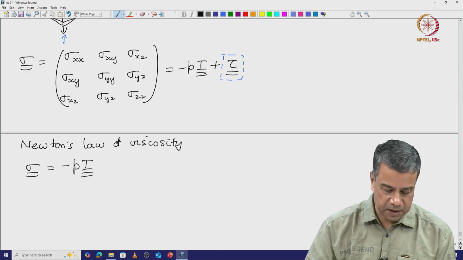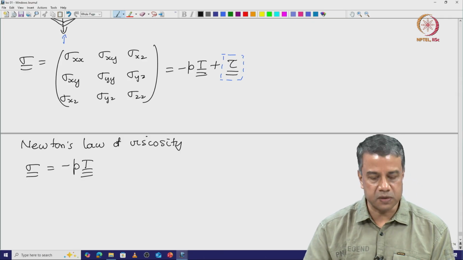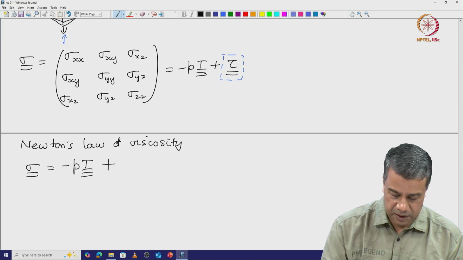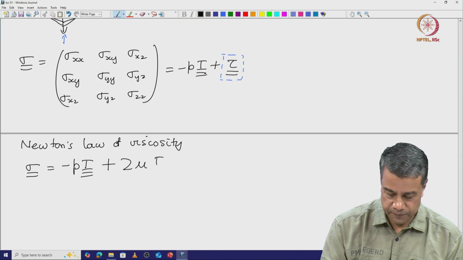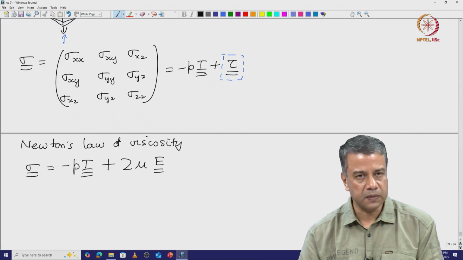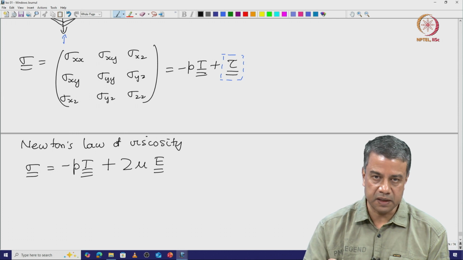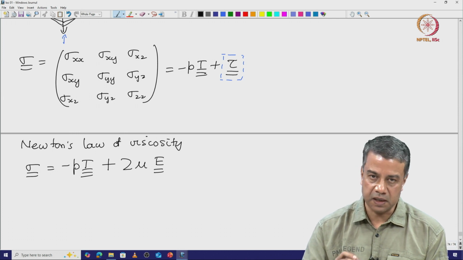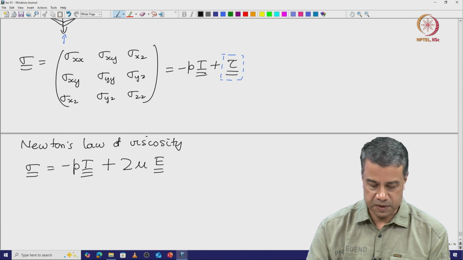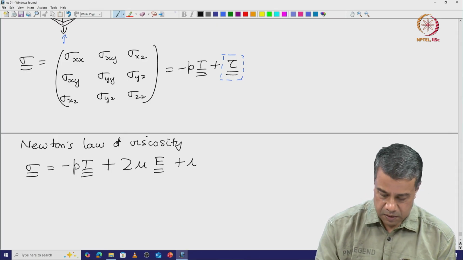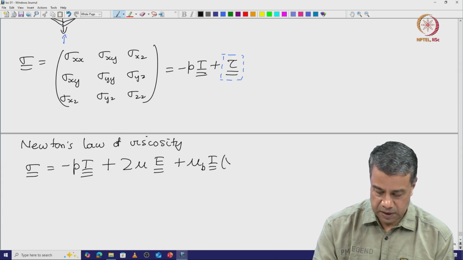This depends upon an isotropic contribution due to the pressure plus a contribution due to the symmetric traceless part. The coefficient is 2 times the viscosity because when we calculated the symmetric traceless part we had taken half of the velocity gradient plus its transpose, plus you could have an additional contribution, which is isotropic due to radial expansion or compression.